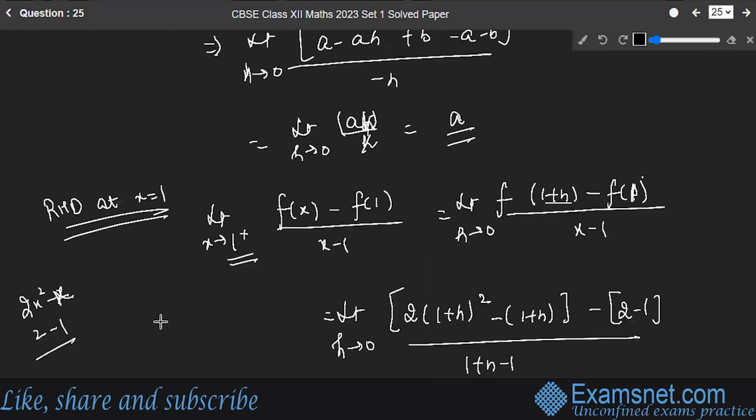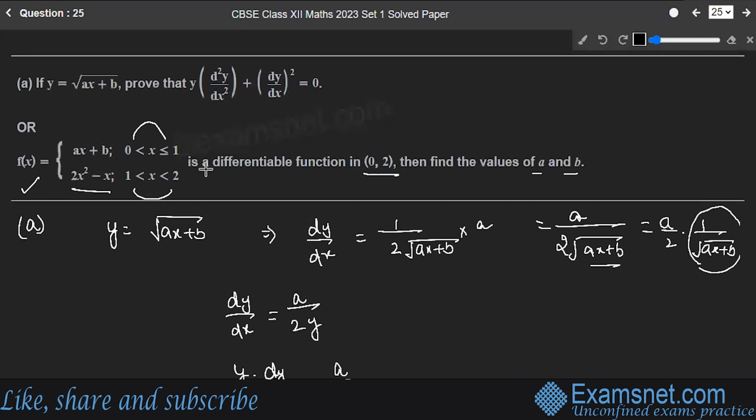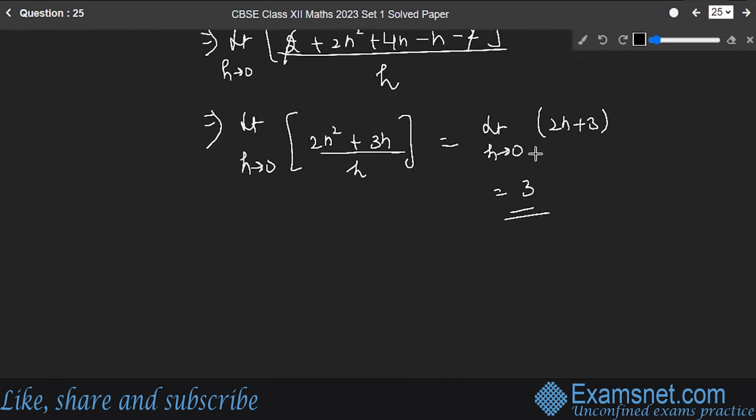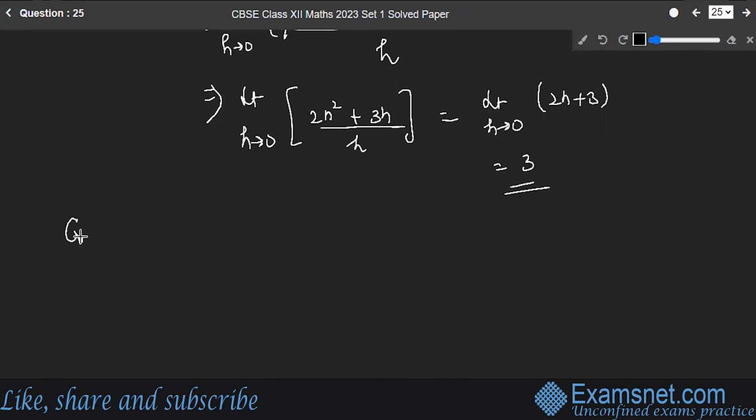So it is given in the question that this is a differentiable function between 0 to 2. Then what are the values of a and b? Now it is given that the function is differentiable.